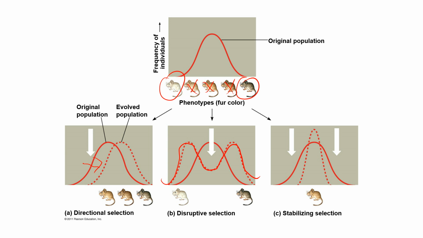Here, if you have selection against individuals at both extremes, those in the middle are favored. This is an example of stabilizing selection.